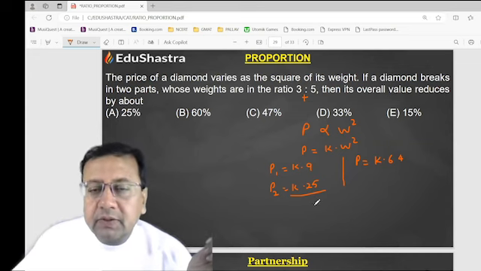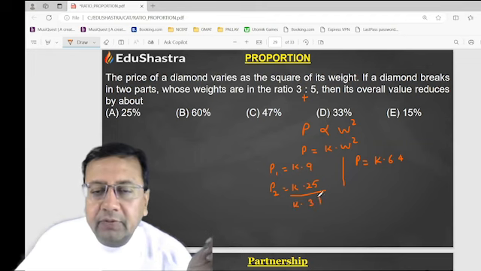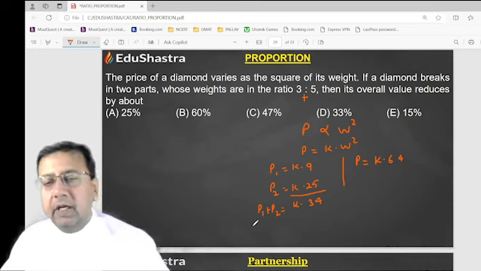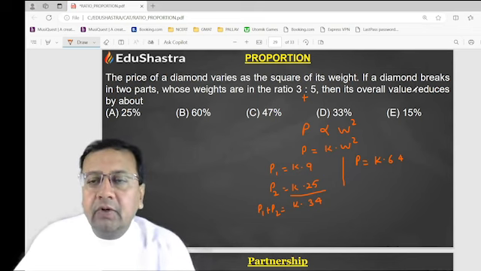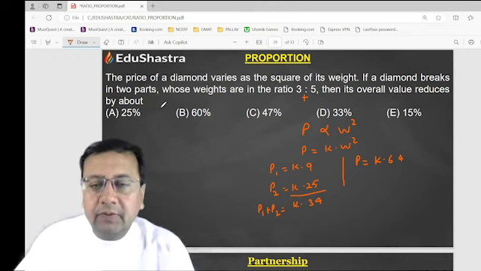So this is K times 34, that is P1 plus P2. I need to calculate what? Then the overall value reduces by about, right?